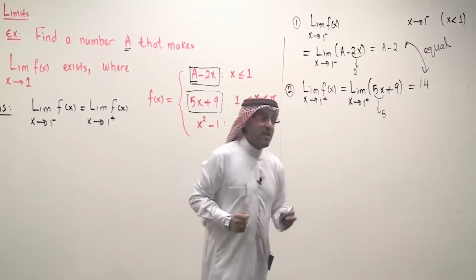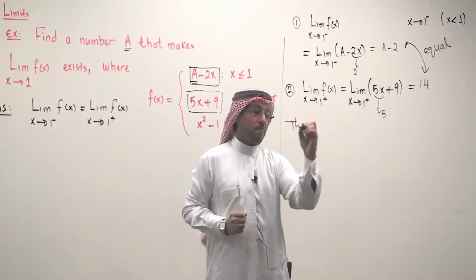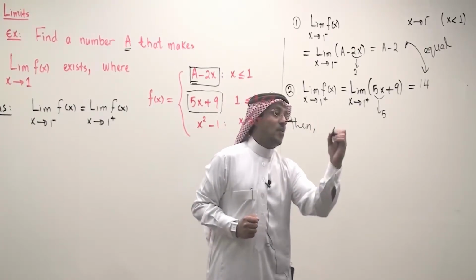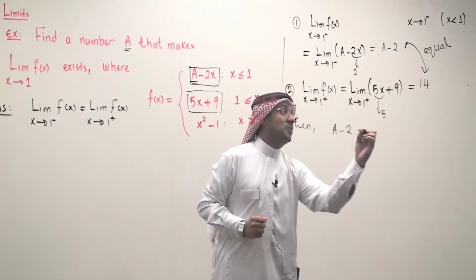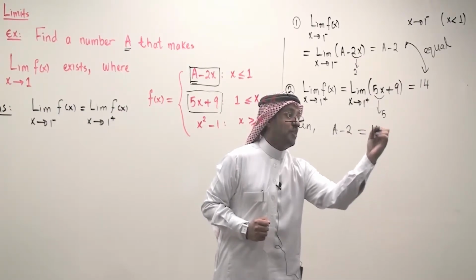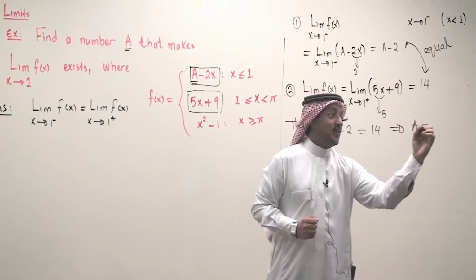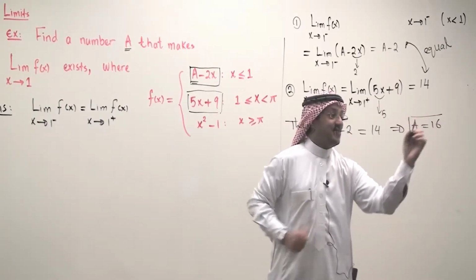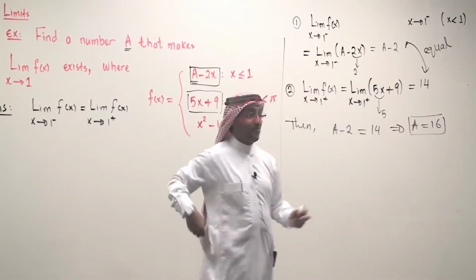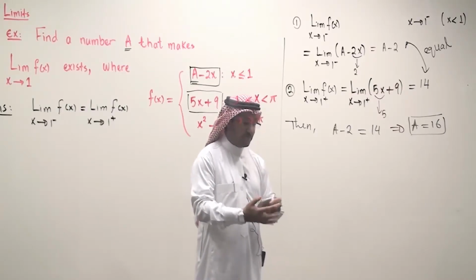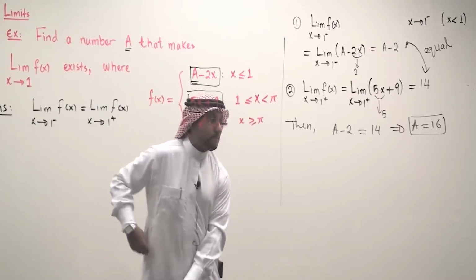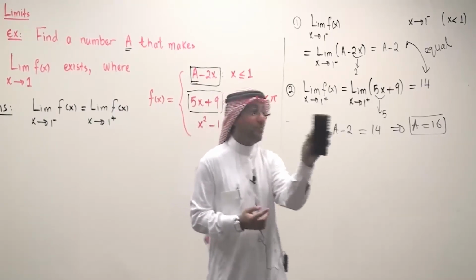So then I require a minus 2 to be equal to 14. This means that a is equal to 16. I will repeat this part only, okay?